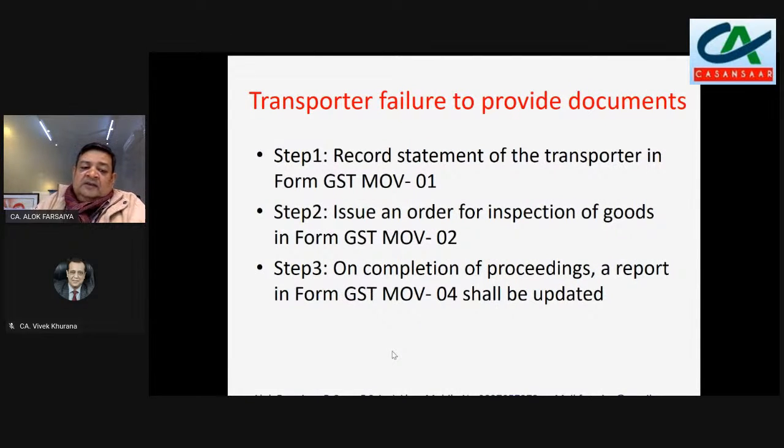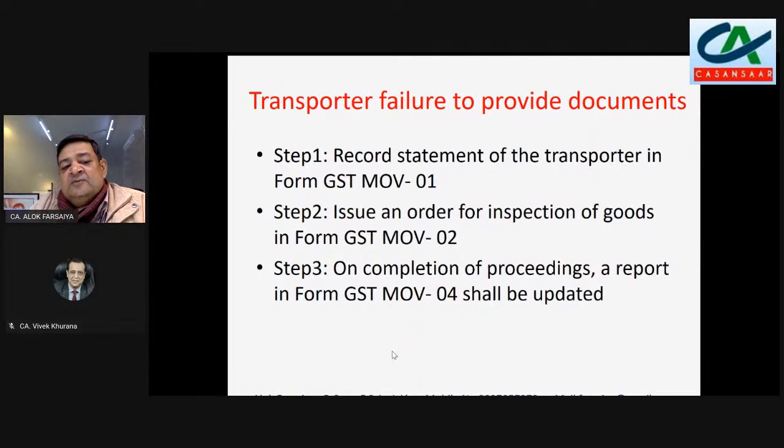Because while the goods are on the move, the transporter is a bailee of the supplier as well as the recipient, and the government thinks that for all practical purposes the transporter is the owner of the goods until the recipient or the supplier of the goods comes forward and represents before the respective officer.